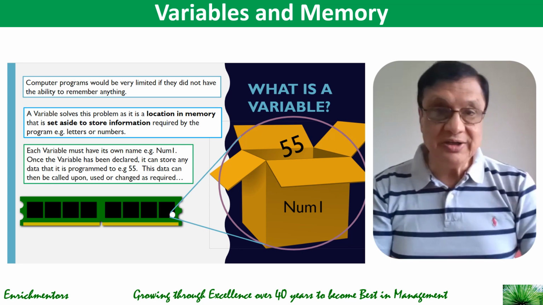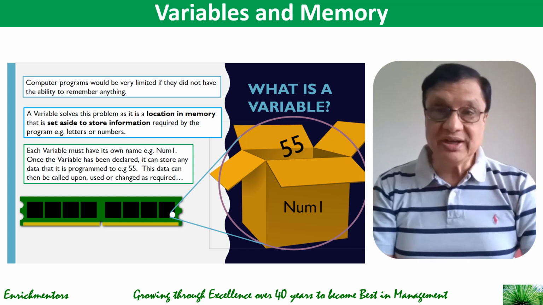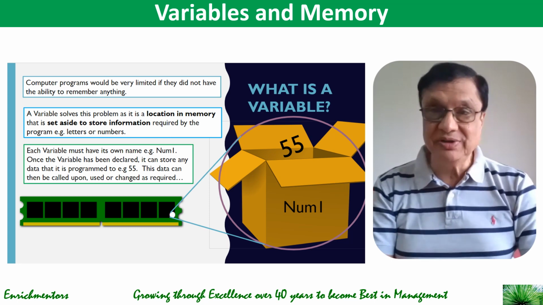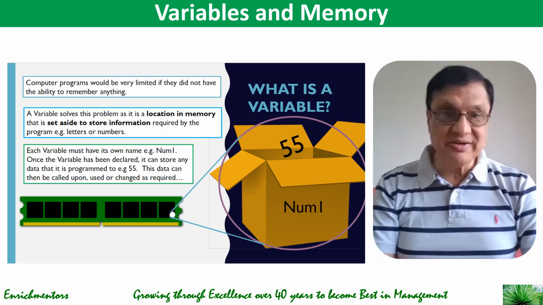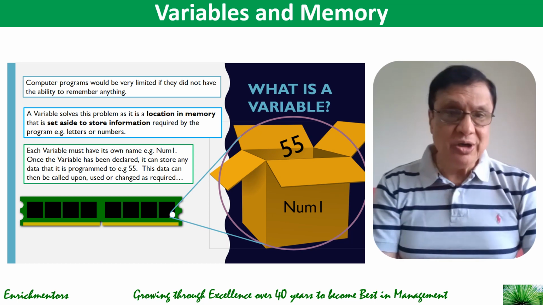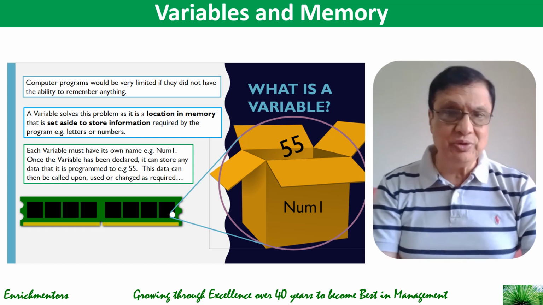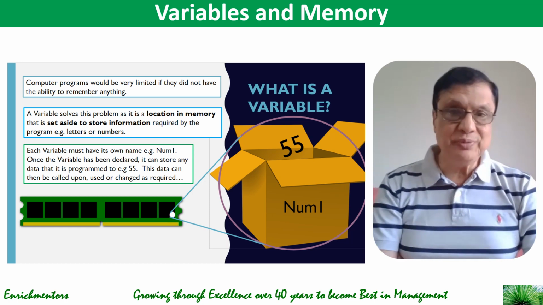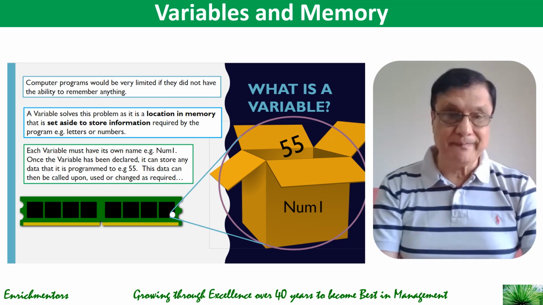Then you need to learn the concept of variables and memory storage. And then you need to know how to declare, initialize, and use variables in your coding, right? Now, variables are important. What is a variable? If we didn't have variables, computer programs would be very limited, if computers did not have the ability to remember anything, right?